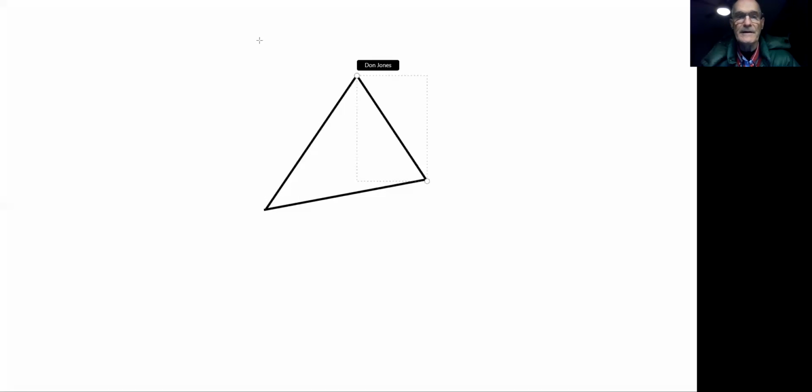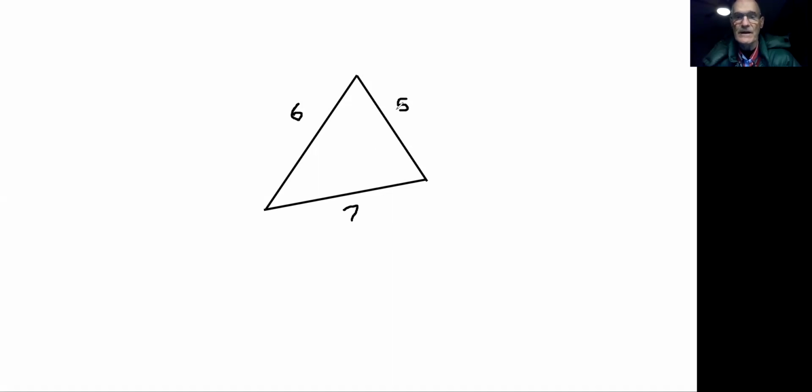Let's say this side is 5, and this side is 6, and this side is 7. What the triangular inequality theorem says is that the sum of any two sides of a triangle has to be larger than the third side.